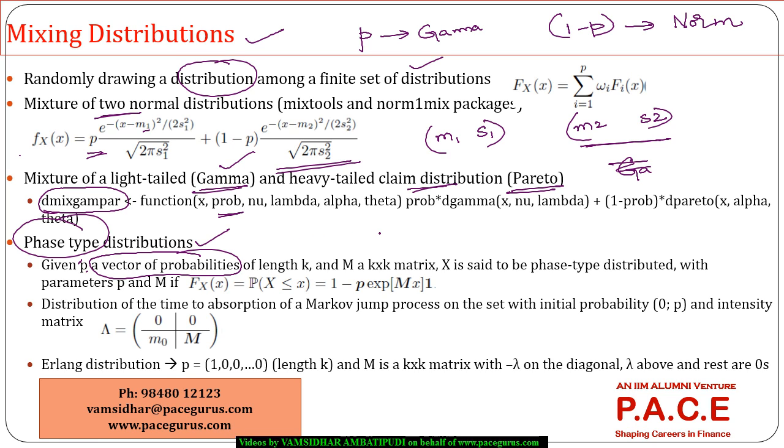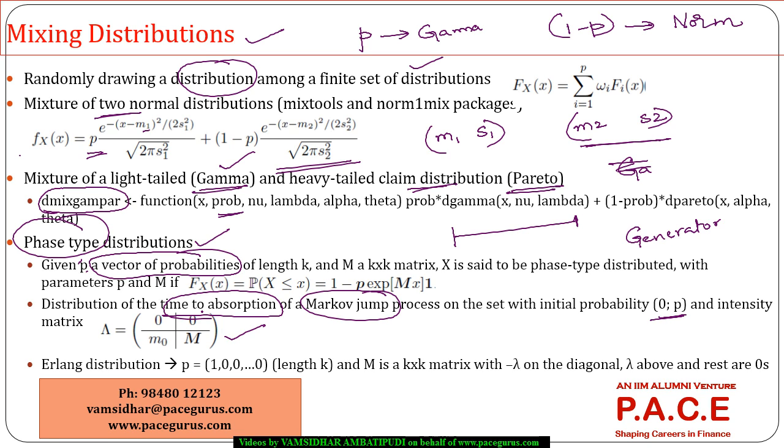Especially if you remember the scenarios of the time to absorption of a Markov jump process, from this state up to this particular state, with initial probabilities where a generator matrix, or intensity matrix, is provided. Based on that, if I want to find the time to absorption in a particular state in a Markov jump process, I can use the phase type distribution.